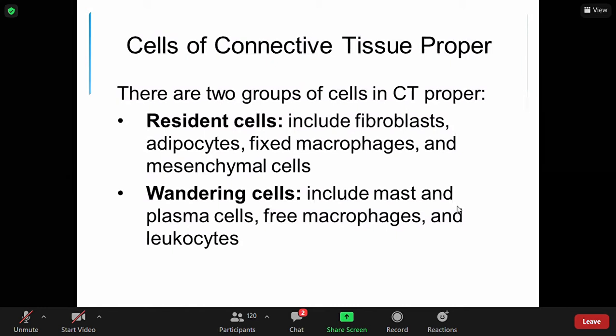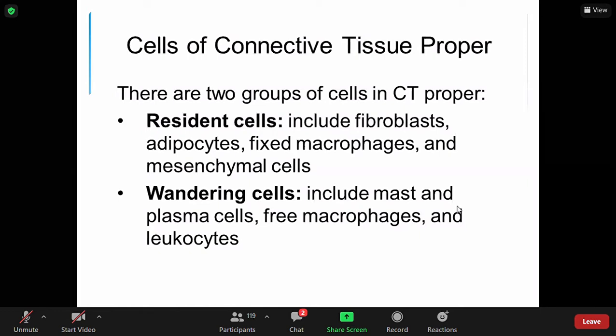Why are mast and plasma cells wandering? Why are they included here under wandering cells? Because they mainly are found in our blood, Doc.